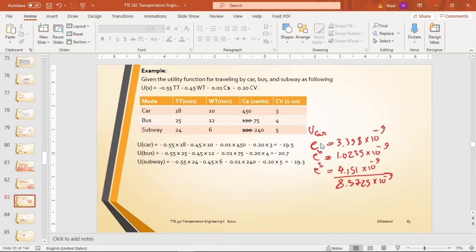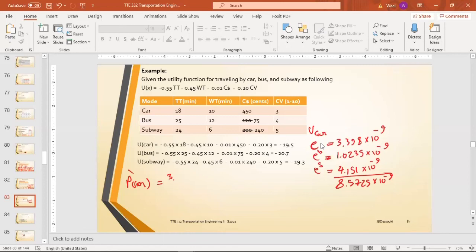So now the new probabilities for cars, is it going to change or stay the same? What do you think? I think it will change. It will change. Definitely it will change.